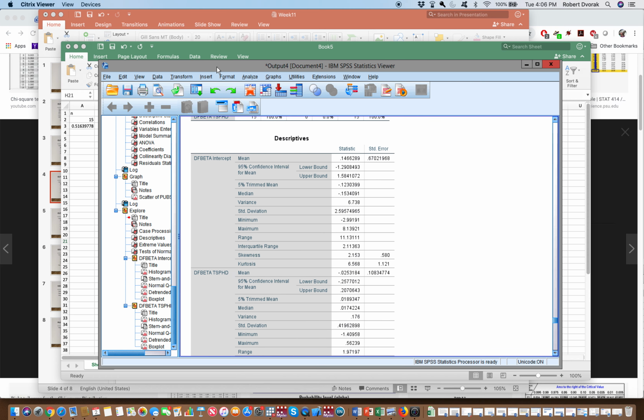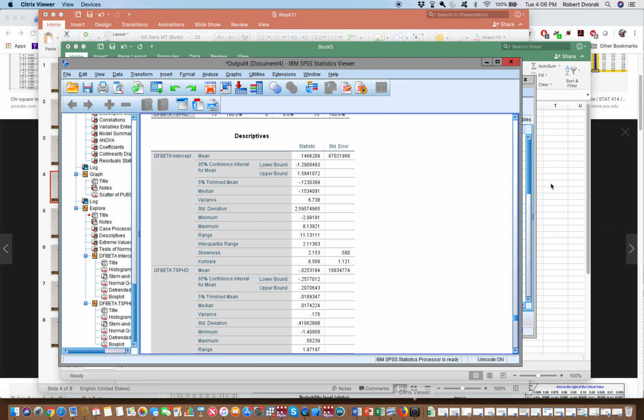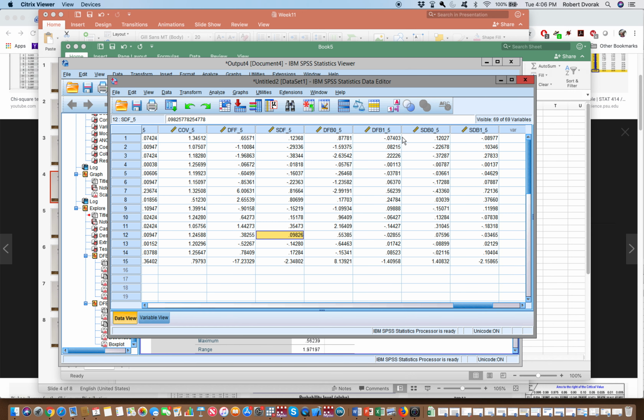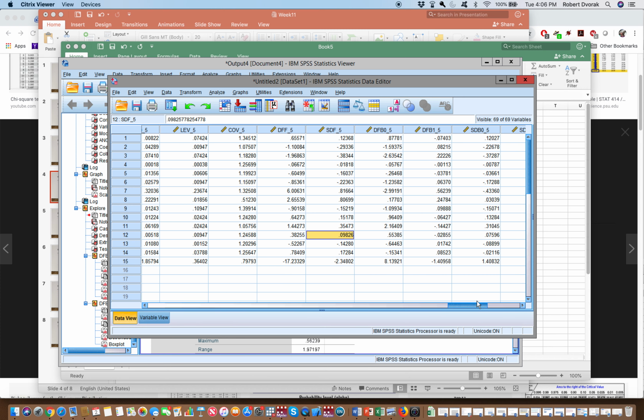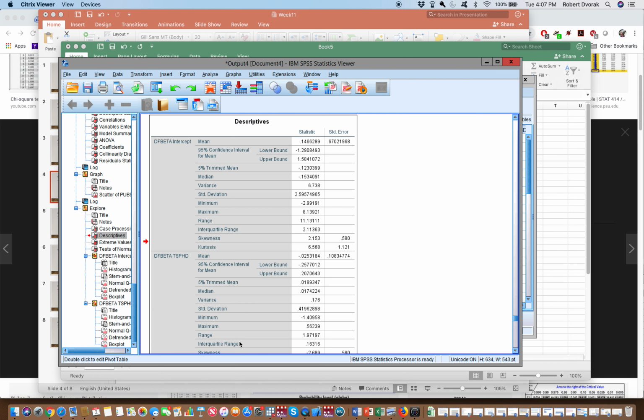The other piece of data here is our slope, our DF beta slope. Where's my DF beta at? Right here. So we had minus 1.14. Let's look on our output. What is our standard error for the slope? It is 0.11.